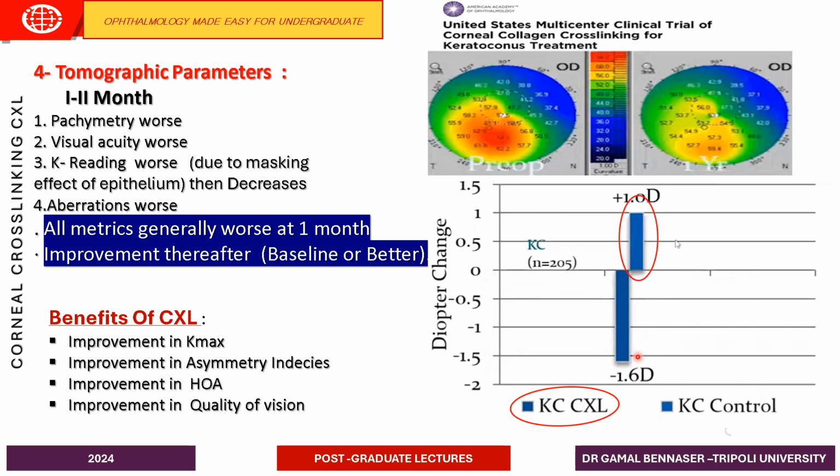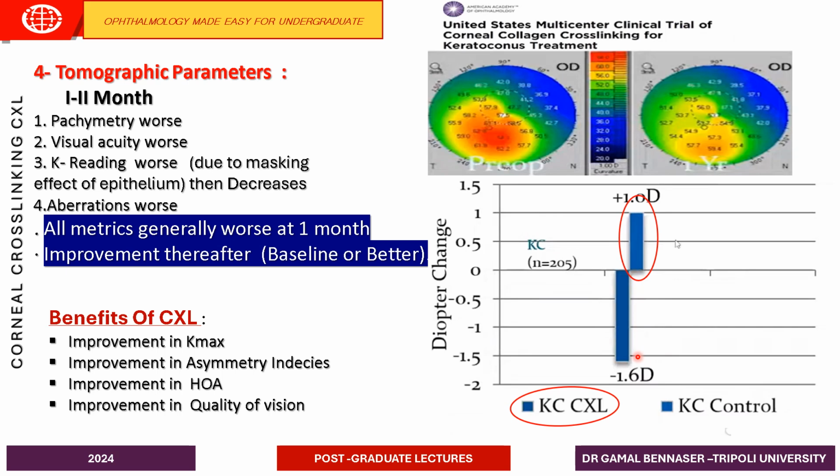Although these are indirect findings, they significantly show that there is a statistically significant difference between people who underwent corneal cross-linking and people who did not undergo corneal cross-linking. Another thing is that the benefit of cross-linking is not only at the level of the Kmax but also in the asymmetry indices; there will be improvement in the asymmetry indices.